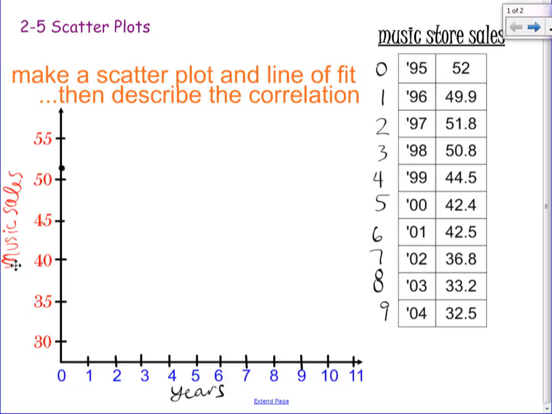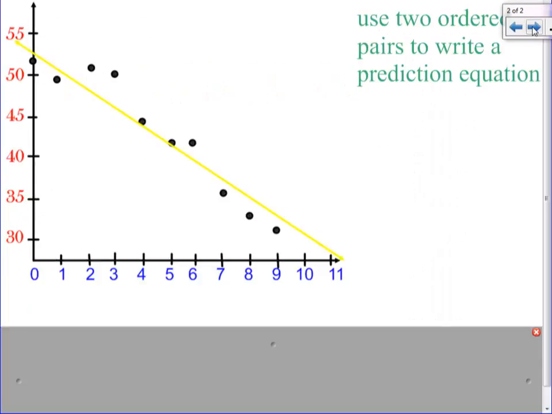So plot all 10 points. When you're done, your graph should look something like this. Okay, roughly about where those dots are.